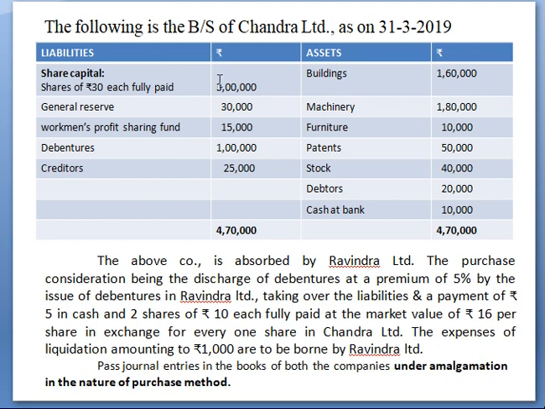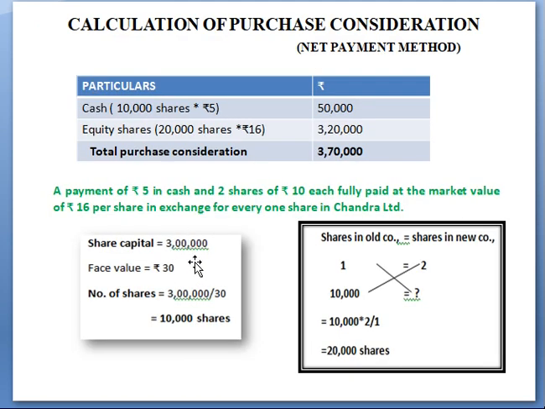Total capital is 3 lakhs and 30 is the face value. Just divide your capital amount by your face value, you will get the number of shares. Okay, totally 10,000 shares. So for 1 share it is 5 rupees paid through cash, and what about 10,000?